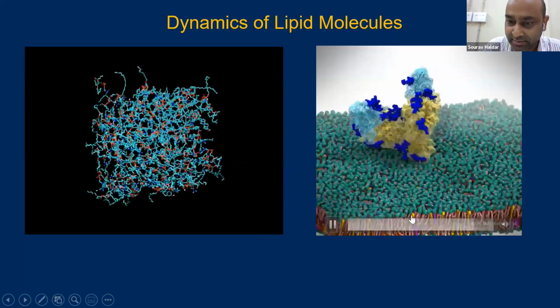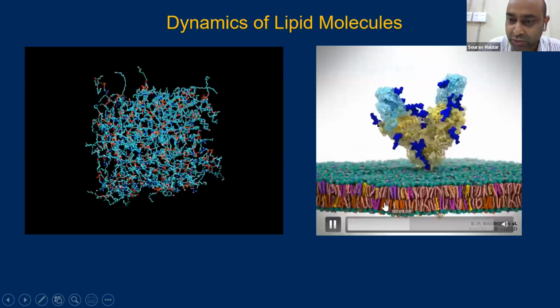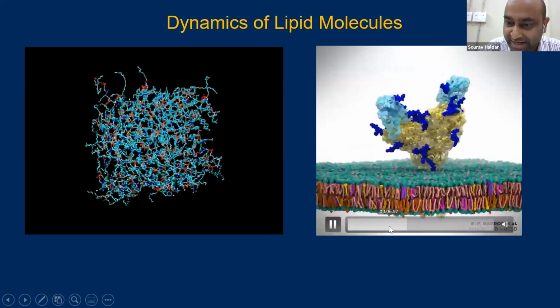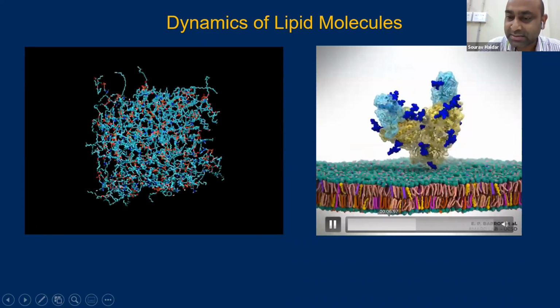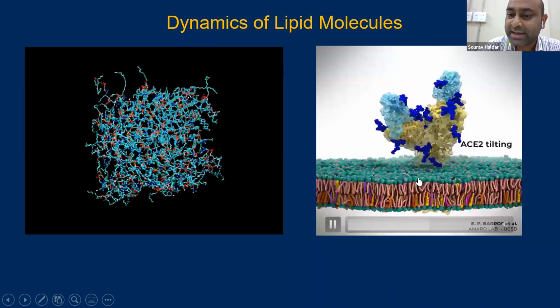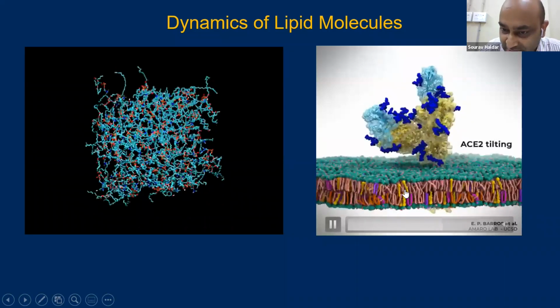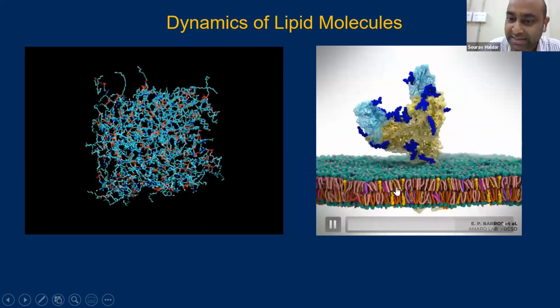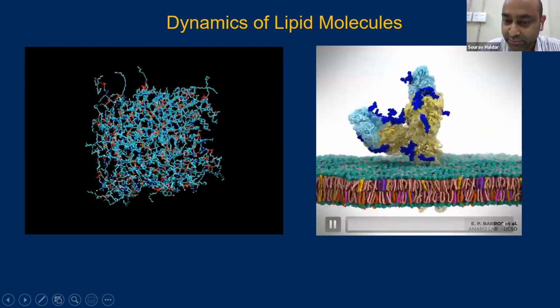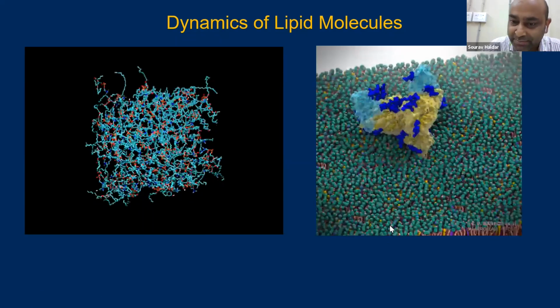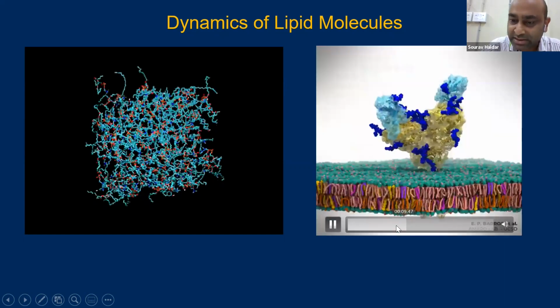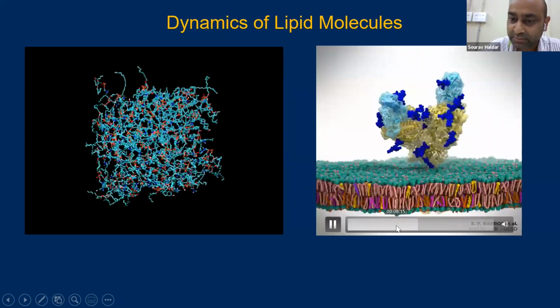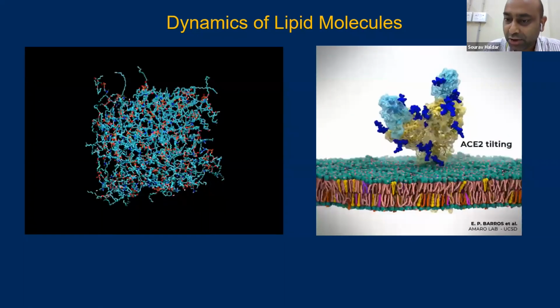Two kinds of motions can be very easily identified from this simulation, that is the rotation and translation. Sometimes you'll also see the tails wiggling, that's because of the vibrational motion. So collectively, the translational motion, the vibrational motion, and the rotational motion define the fluidity of the membrane.